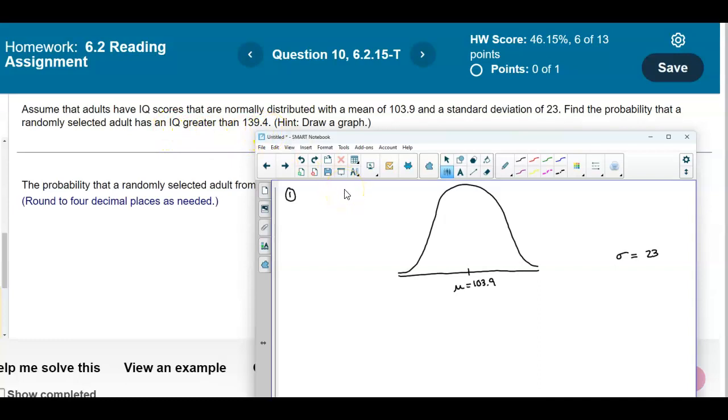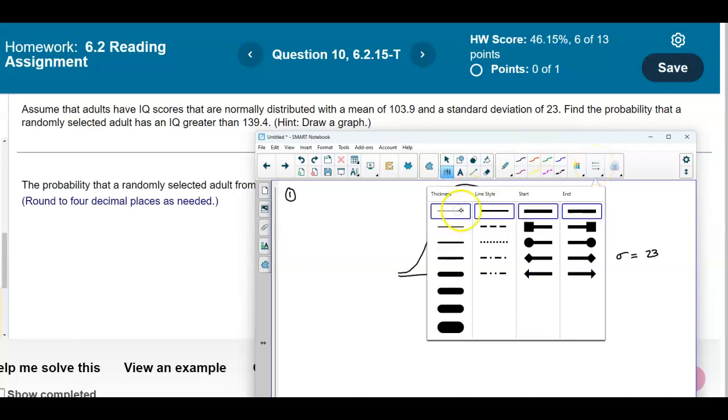Well, 139.4 is to the right of 103.9, so we're going to write this as x equal to 139.4. Then it says to find the probability that it's greater than, which means we're shading everything to the right here. So this is the area that we want, or the probability that we're looking for.